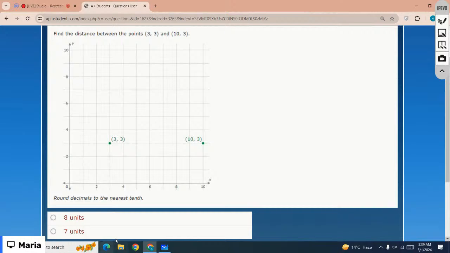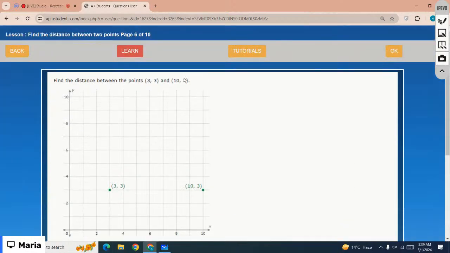The correct option is 7 units. You can complete the lesson by yourself later today.